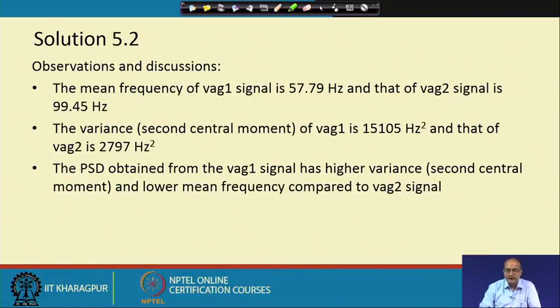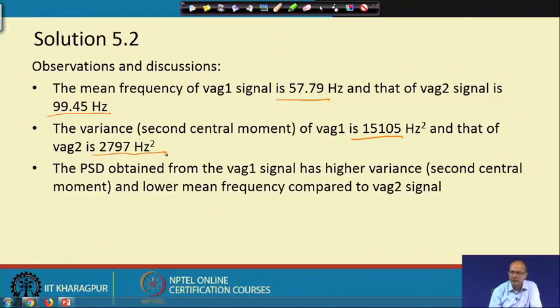Now, what are the values we get? We get that the mean frequency for VAG 1 is 57.79 and for VAG 2 it is 99.45 hertz, and corresponding variances are 15,105 hertz square for VAG 1, and for VAG 2 it is 2797 hertz square.